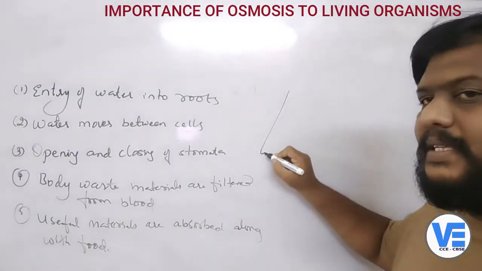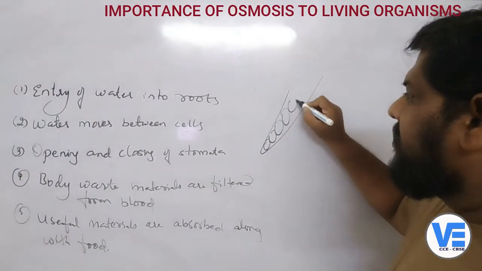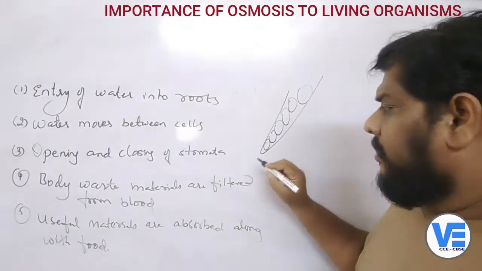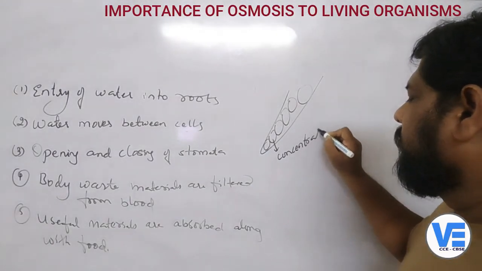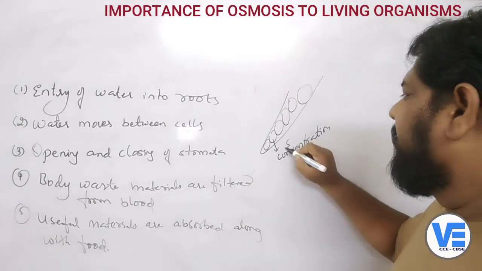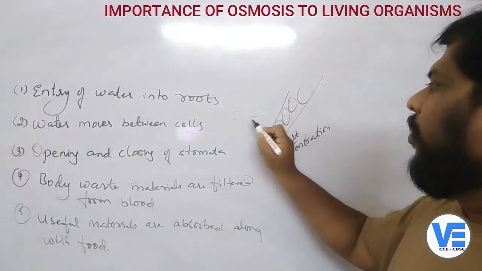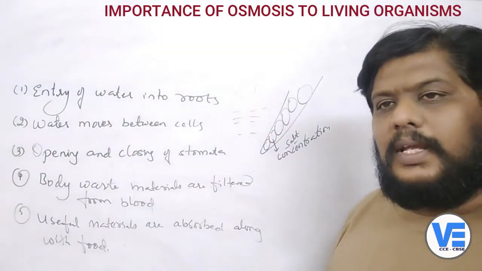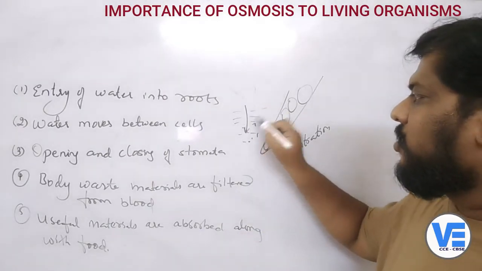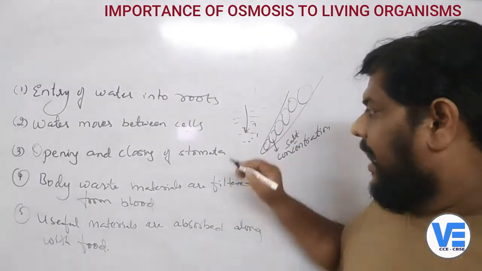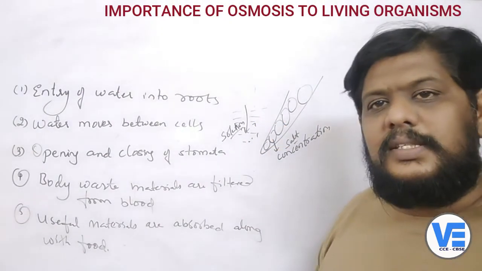Now already we have discussed this one, that there are roots, okay, and roots will have cells here, and cells will have some concentration, that is some kind of salt concentration. So now here whenever you pour water here, the salts which are there in this soil will get dissolved in this water, and a kind of solution is formed.